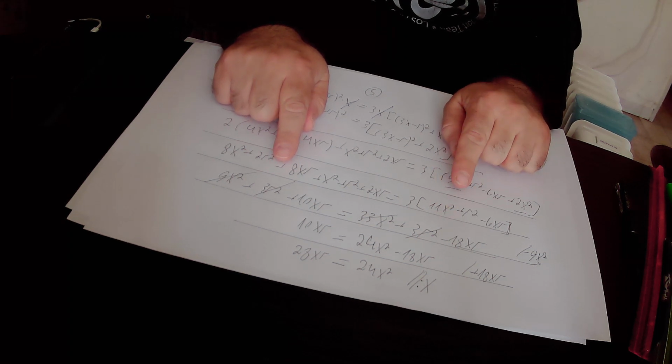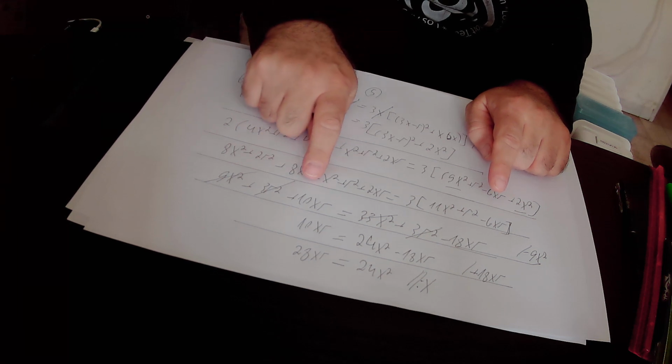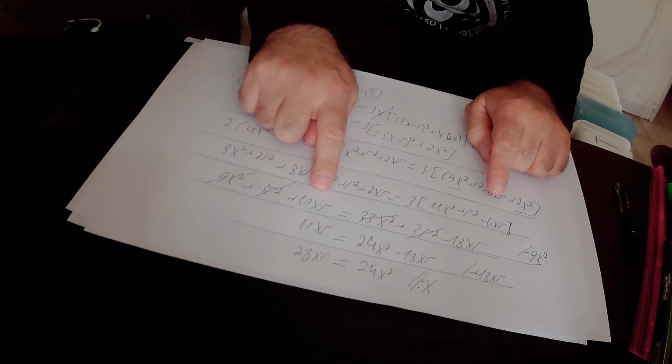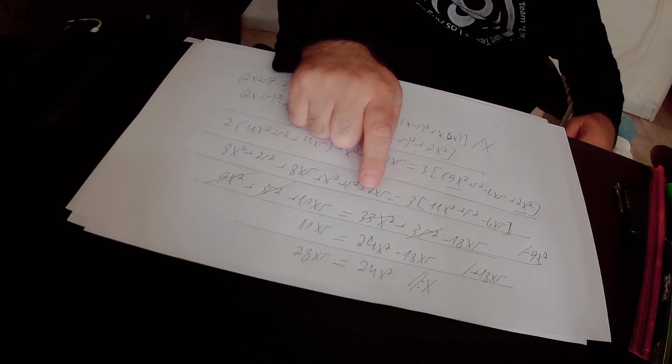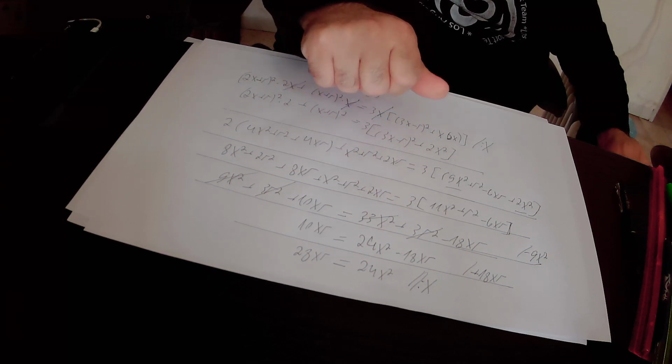In the next step, we subtracted 9x squared from this equation. 9x squared minus 9x squared is 0, so on this side of the equation we are left only with 10xr. On the other side of the equation we have 33x squared minus 9x squared is 24x squared.